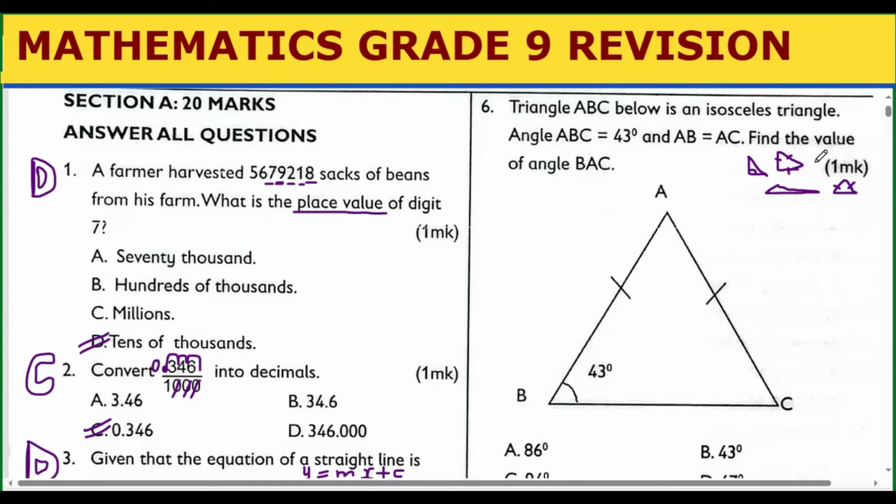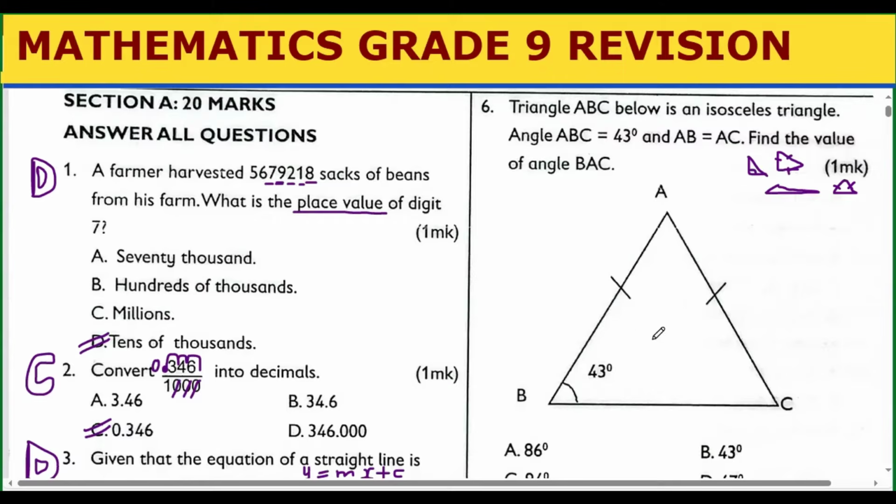Now, angle ABC equals 43 degrees, as you can see, and AB equals AC. Those are sides. This side here is equal to this side here. Now, what do we do? Let me pay attention. Find the value of BAC.